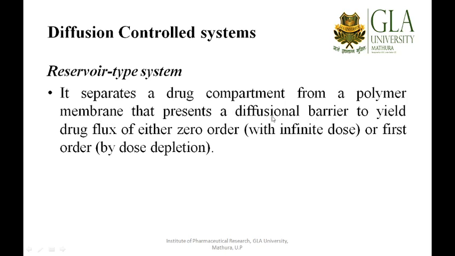And if we are able to achieve this process, we can easily get the drug flux of either zero order with infinite dose or first order with dose depletion, means it will be a first order process.